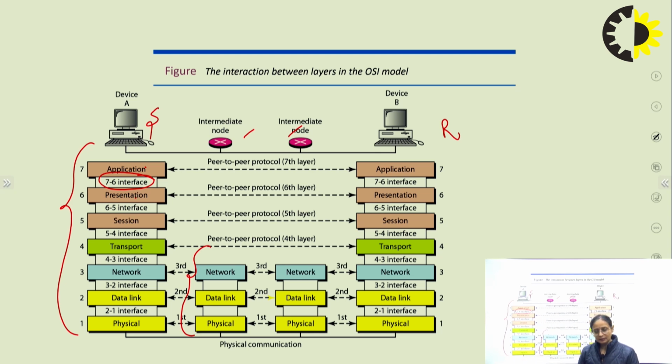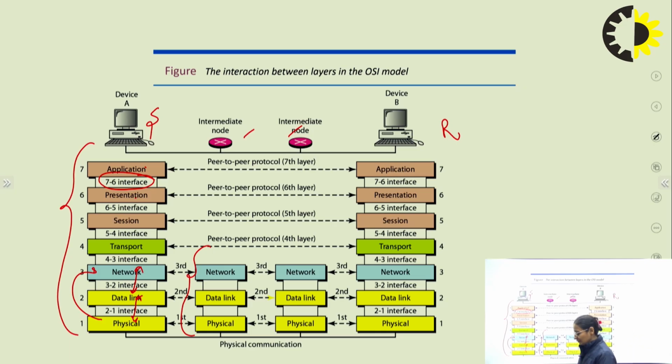Accordingly, we have an interface between each adjacent pair of layers. There is no interface such that layer 1 communicates with layer 3. Layer 1 always communicates with layer 2, or layer 2 can communicate with layer 1 as well as layer 3, but layer 2 cannot communicate directly with layer 5, layer 6 or layer 7.